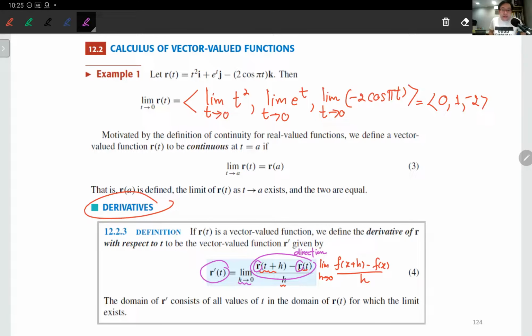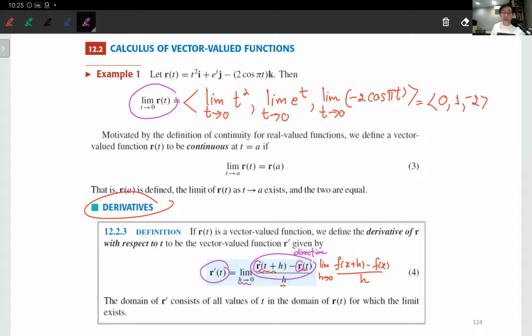Okay, so finding the derivative of a vector is going to be as simple as taking the derivative of each component one by one. Because in a nutshell, it's just taking the limit of this one, and we just talked about finding the limits of the vector valued function as just finding the limits of each component.